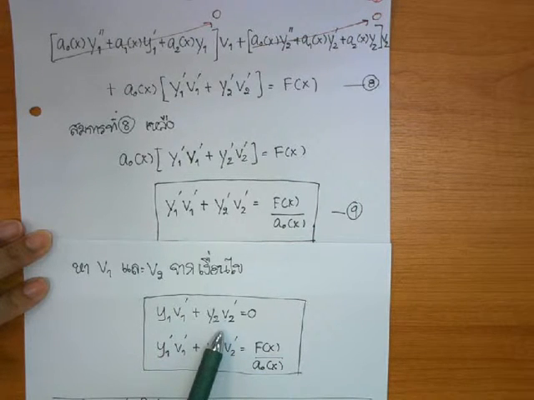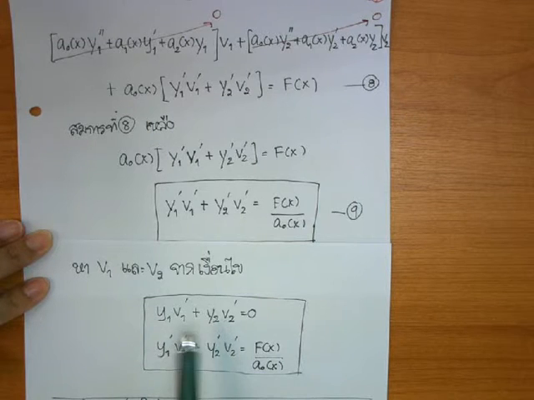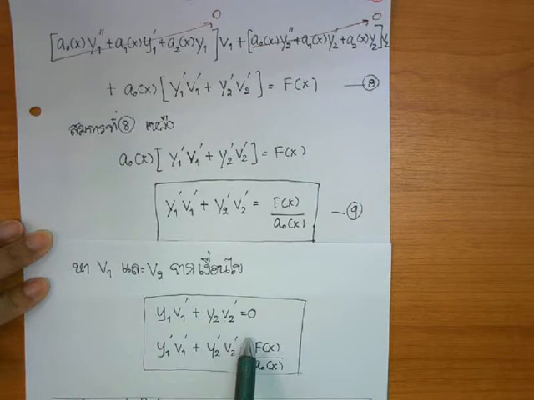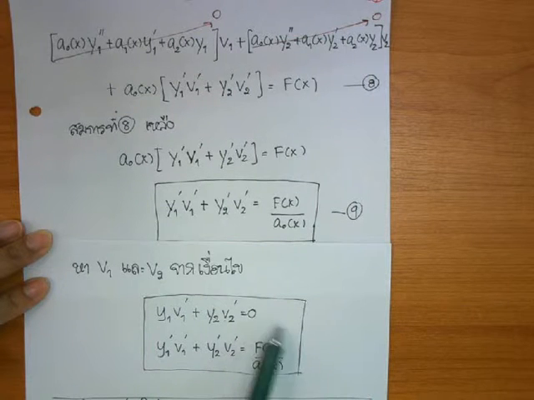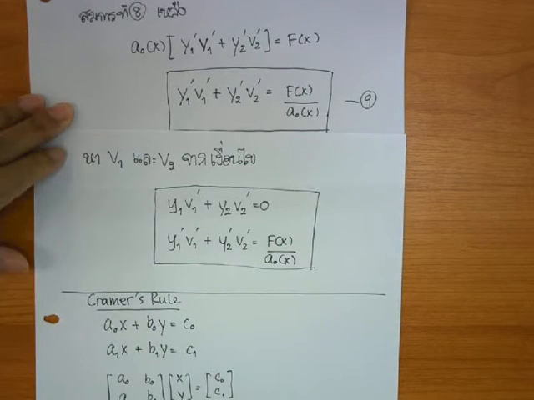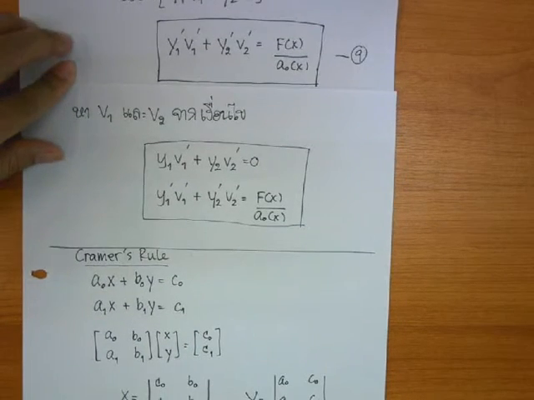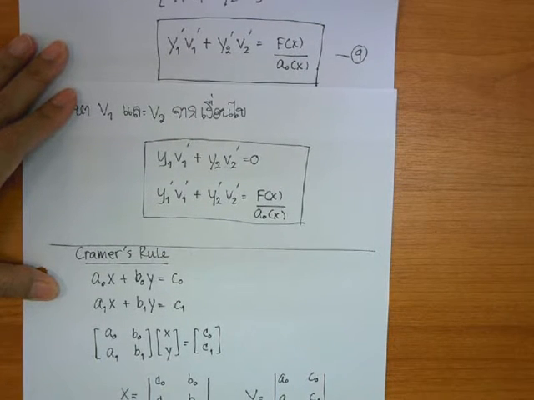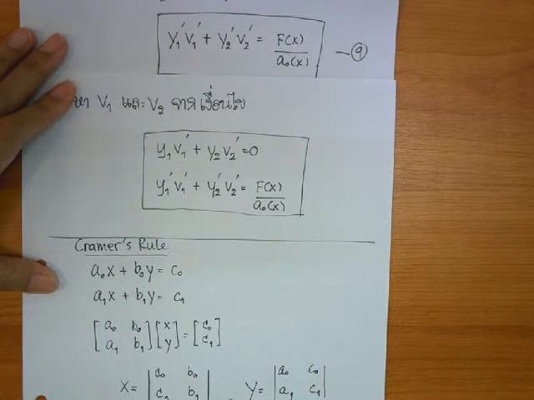So the simplest method that we can use to find the first derivative of v1 and the first derivative of v2 with these two equations is called Cramer's rule. This is a brief introduction to what Cramer's rule is.